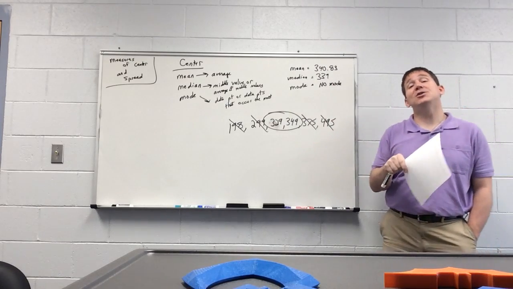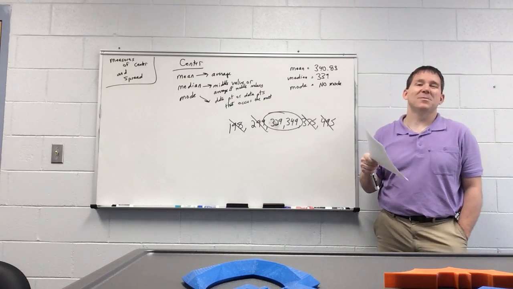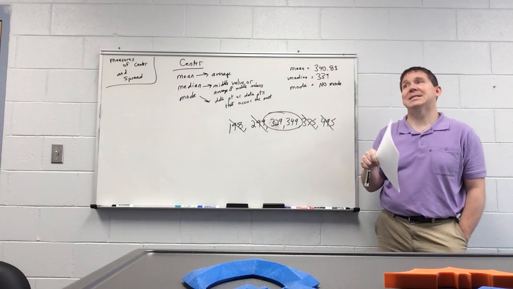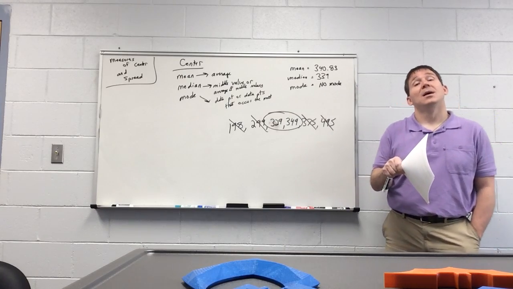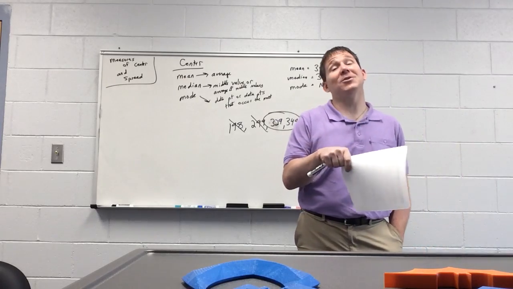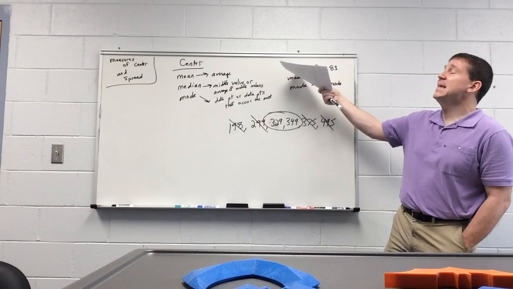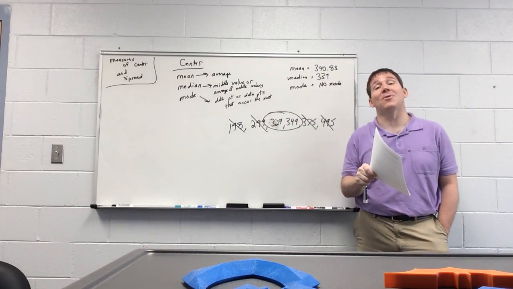So you could argue that you should use the median, but there's also the mathematical part of me that says that would be somewhat disingenuous. Because again, when we say average, from a mathematical perspective, average means mean. So we actually are implying the mean, which is the 340.83.